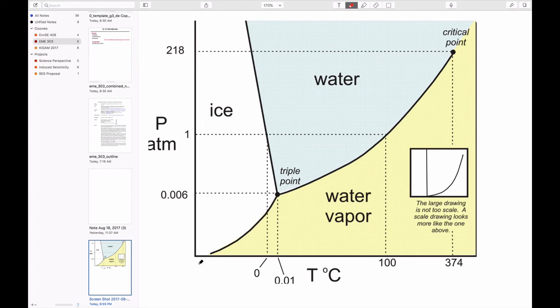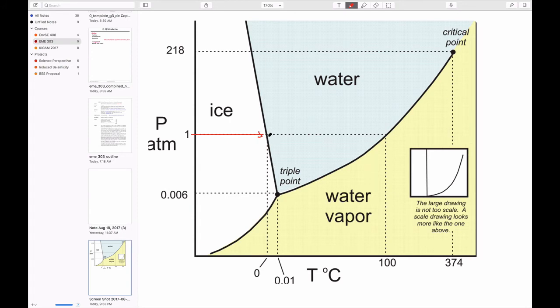Let's do that in terms of this diagram for the behavior of water. This is a phase diagram for water, depending on the magnitudes of the pressures. We know that at 1 atmosphere, which is where we are now, the freezing or melting point of water is 0 degrees centigrade.